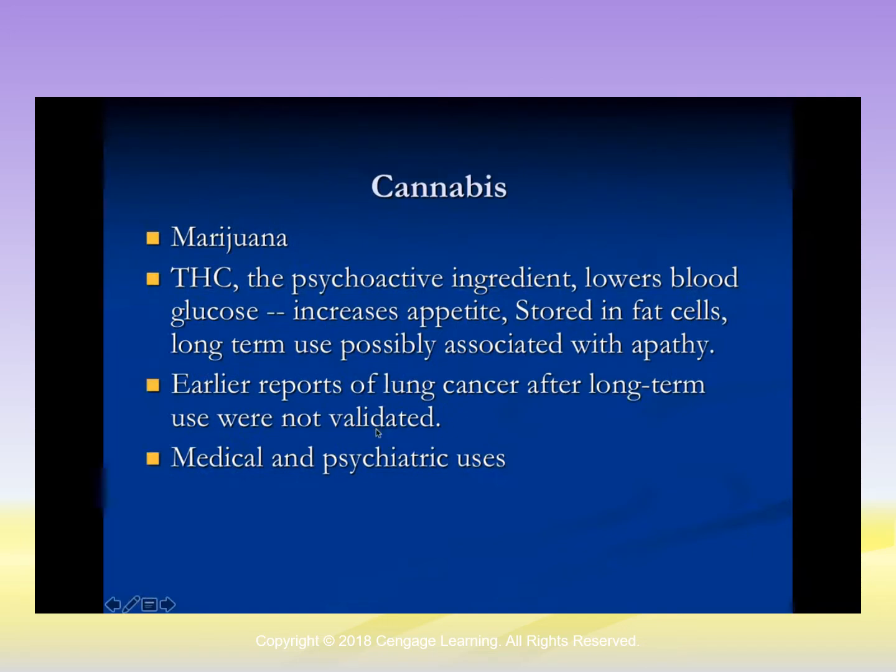There's been some research to support that cannabis can shrink cancer cells, or earlier reports of it causing cancer were not validated. And there are a lot of medicinal and psychiatric uses, and it's become a science now where they can look at sativas and indicas and percentages, and this strain will do this, and this strain is for this, and it's become quite a science.